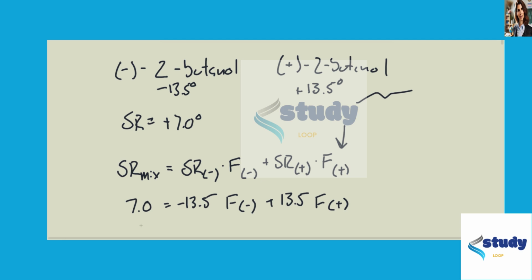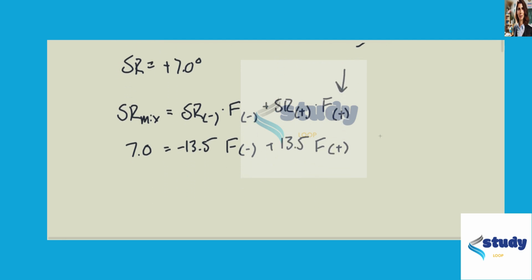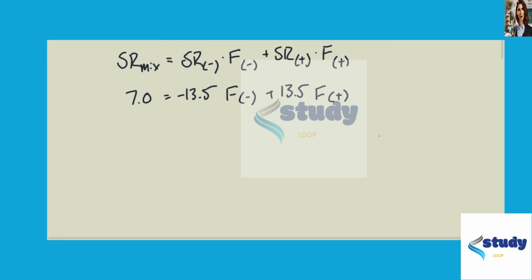Typically, you can't solve a single equation with two unknowns, but luckily there's a relationship between F plus and F minus. That is that the fractions have to add up to 1. If we total the fraction that is the negative enantiomer and the positive enantiomer, we have to get 1 because we need to have one whole solution. The two fractions have to equal 1.